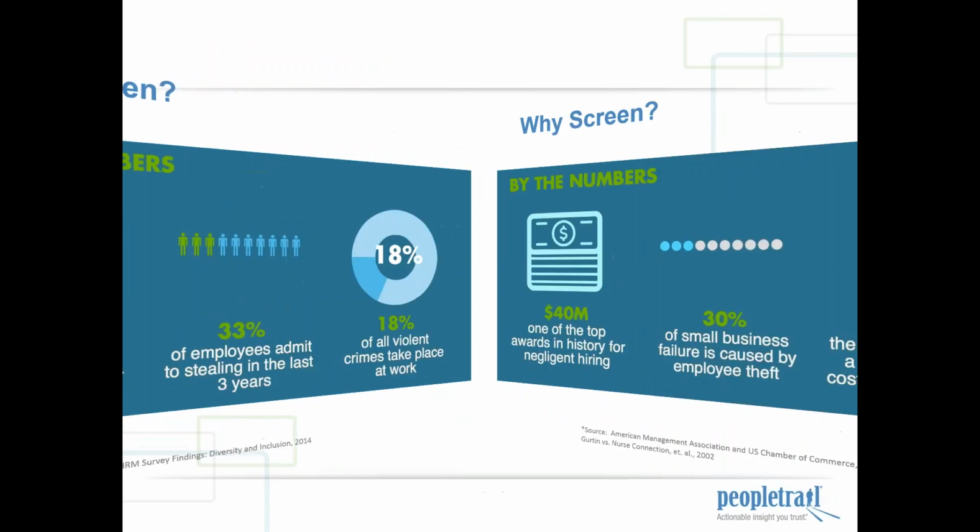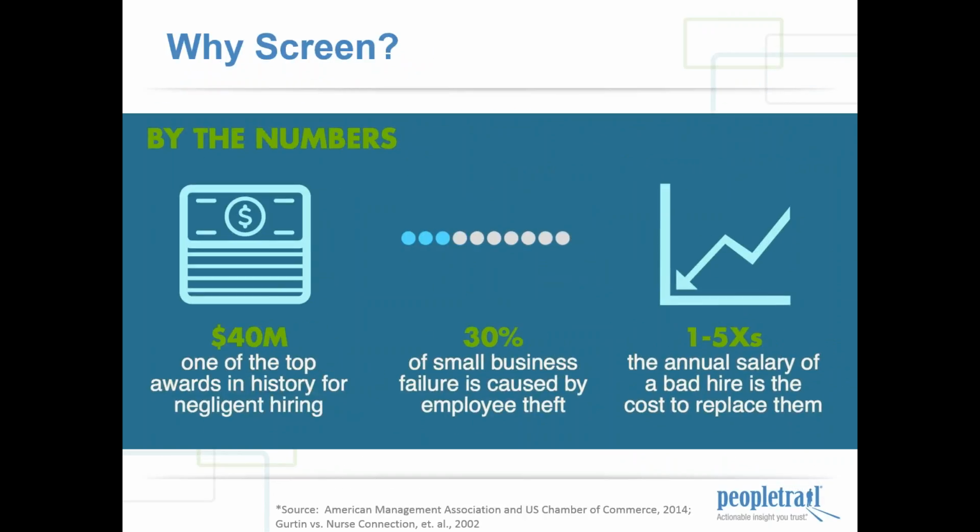Another thing I thought was interesting that I pulled together is that on the litigation side, $40 million was one of the top awards in history, and that was for a negligent hiring case. I can share more information about that case with you if you want, but it's very staggering that these things are happening for negligent hiring.